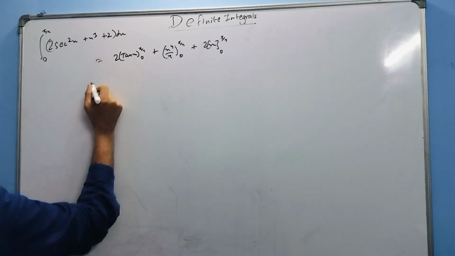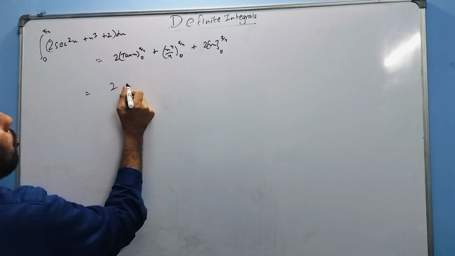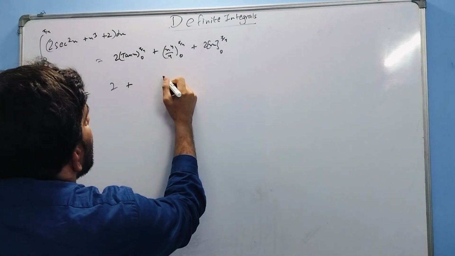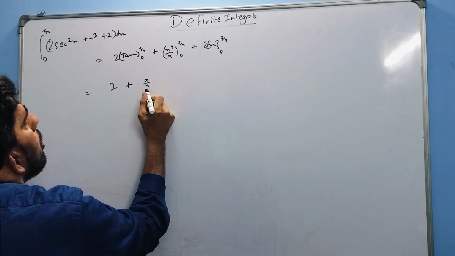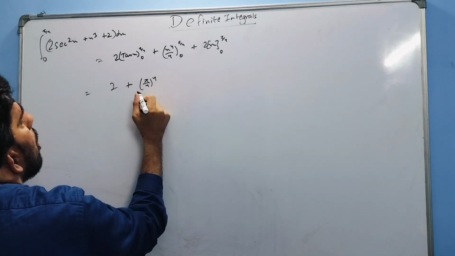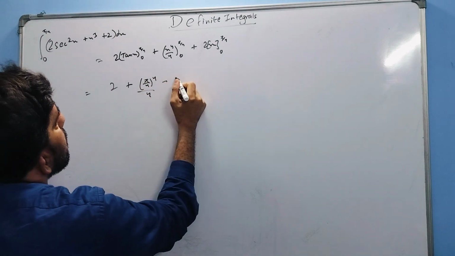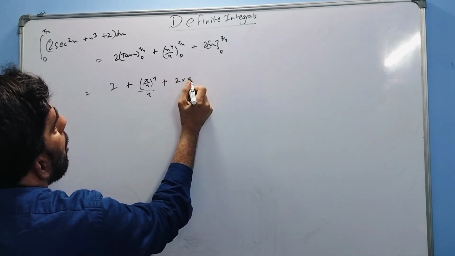So what will be its value? tan pi by 4 is 1, tan 0 is 0, so we have 2 plus, here if I put the value of pi by 4, I got pi by 4. Okay, pi by 4 whole to the 4 upon 4 minus 0 plus you have 2 into pi by 4.